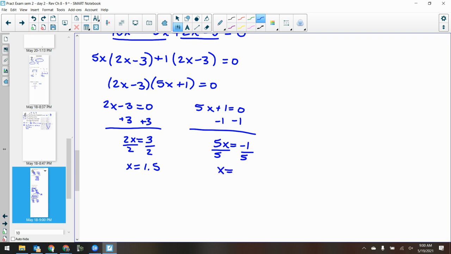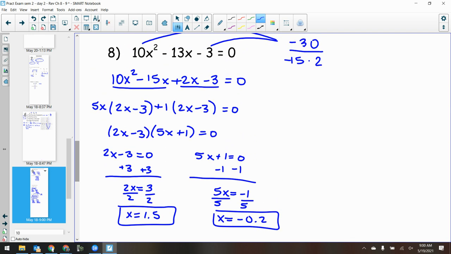X is equal to negative 1/5 or negative 0.2. So quite a lengthy problem on that one, right? It takes a difficult factoring problem and then on top of it asks you to solve.